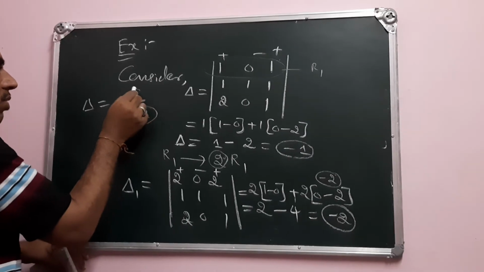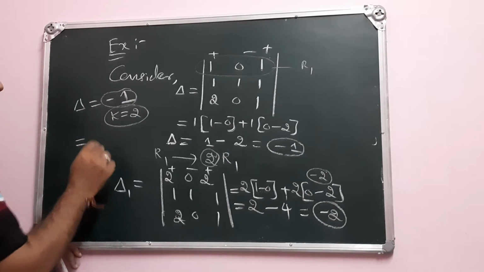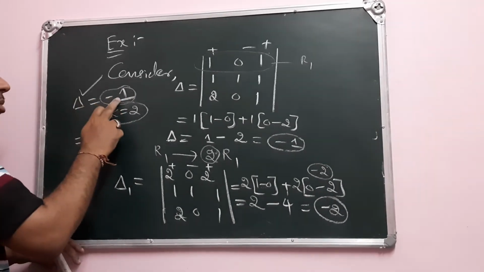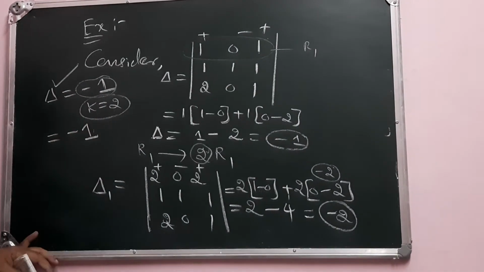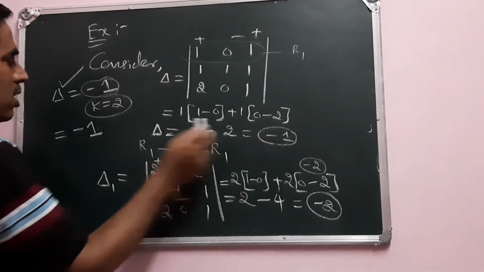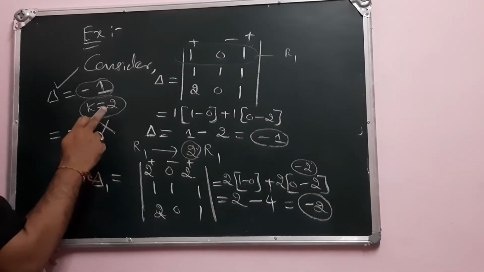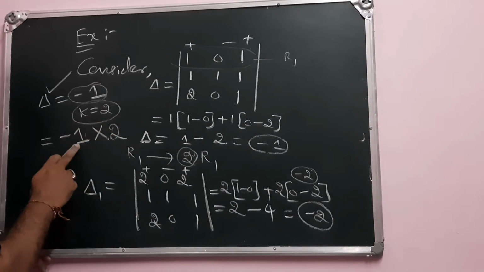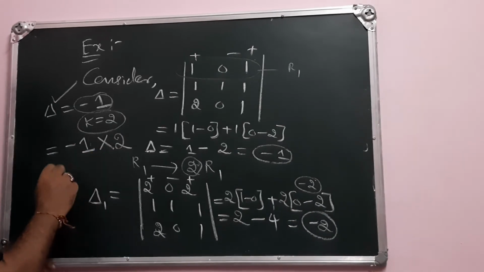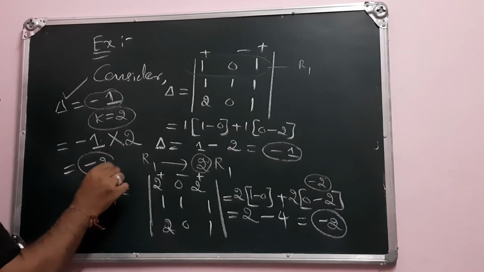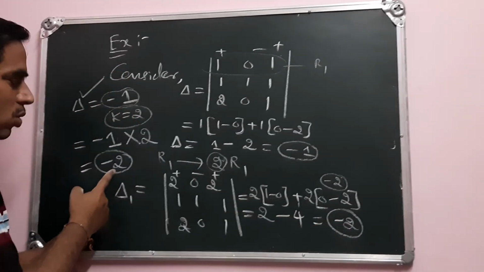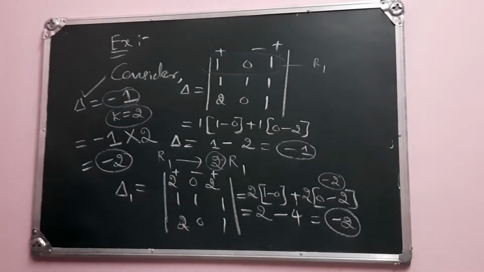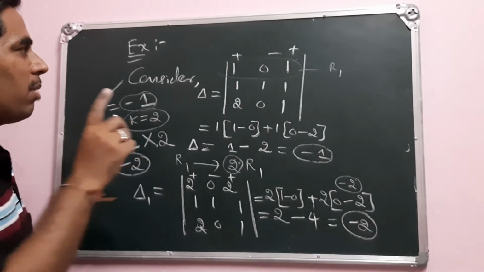What does the property say? The value of the determinant gets multiplied by the scalar. The value I got was minus 1, so minus 1 into the scalar k, which is 2, gives minus 2. See here, delta 1 value is minus 2. So this is the meaning of our property.